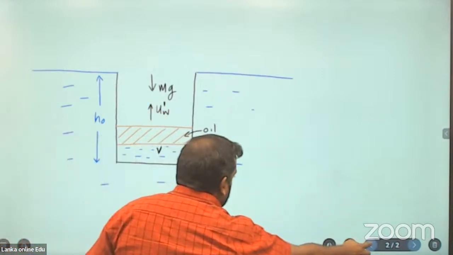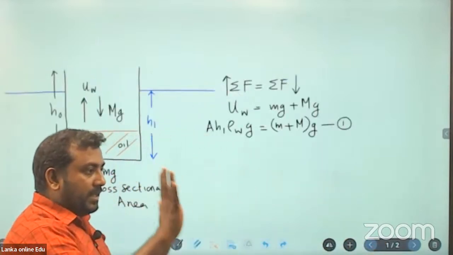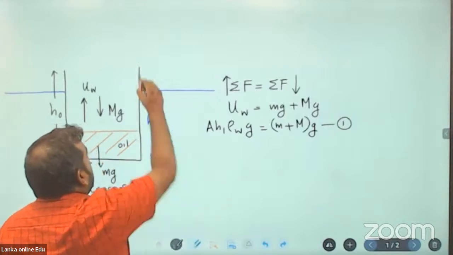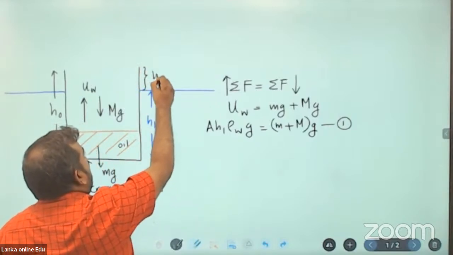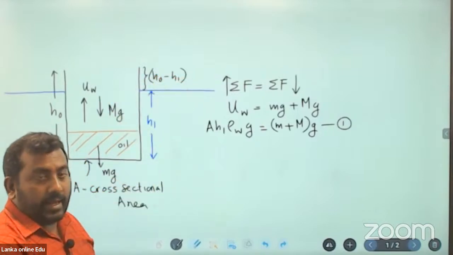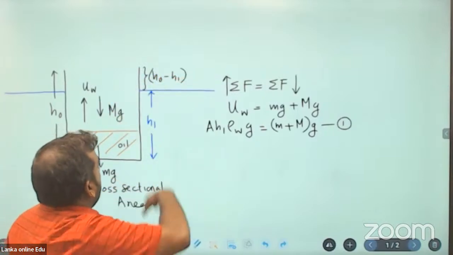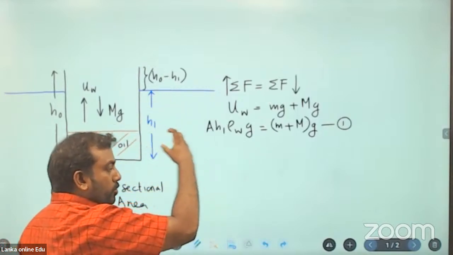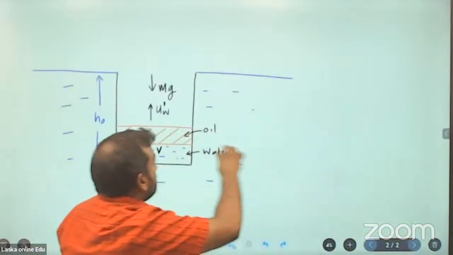Now, if you look at this picture, carefully think and answer. Now, if I look at this height, this is h0 minus h1. By removing some oil and putting some water, equal volume, this has completely sunk.